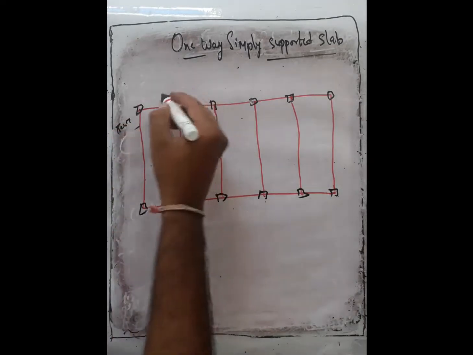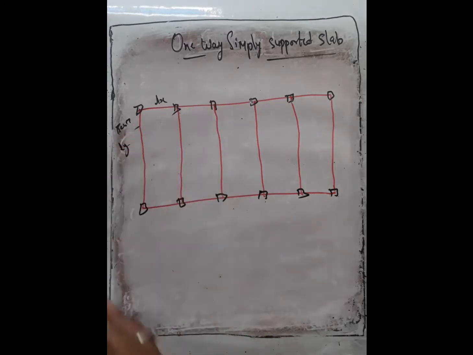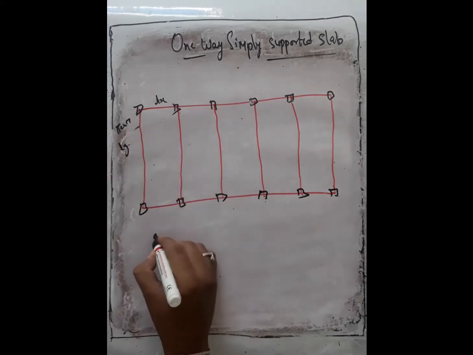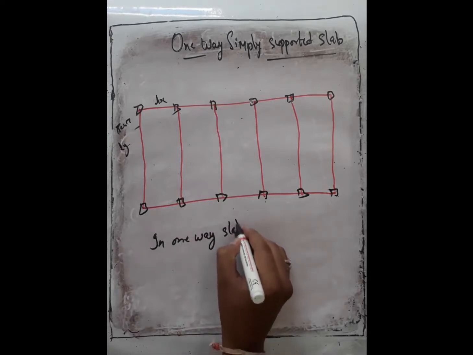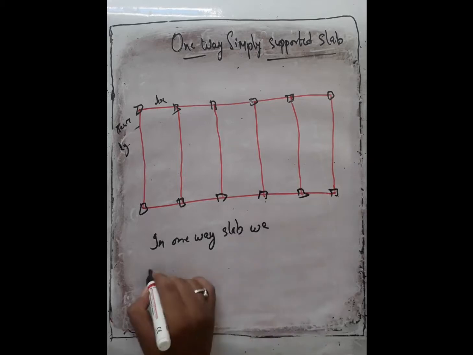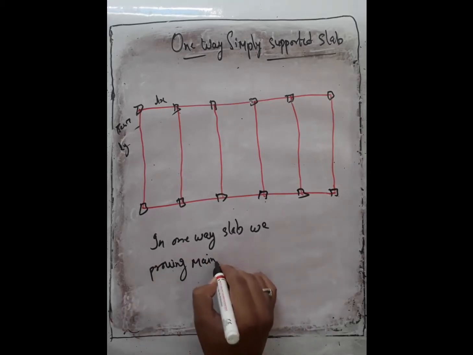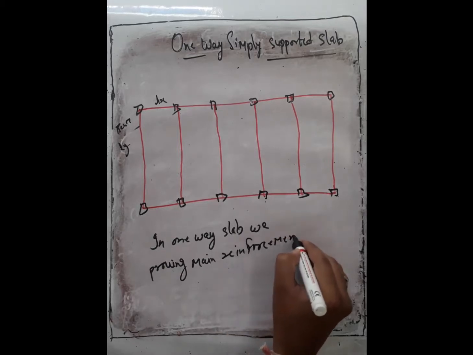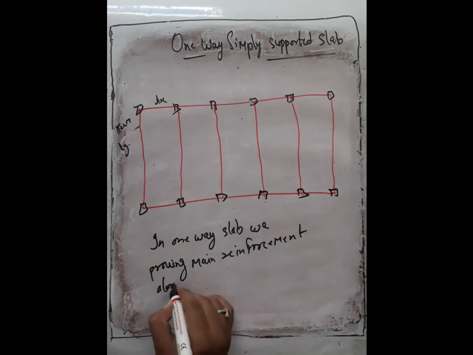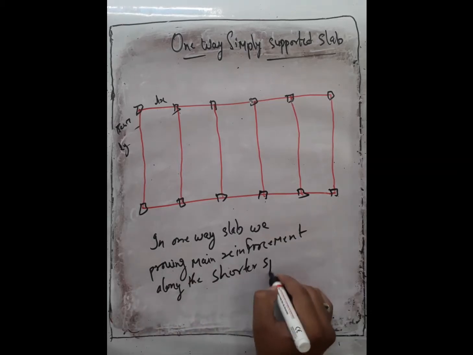And in the one way case we already know that this part is Lx and this part is Ly, and in a one way slab we provide main reinforcement along the shorter span.